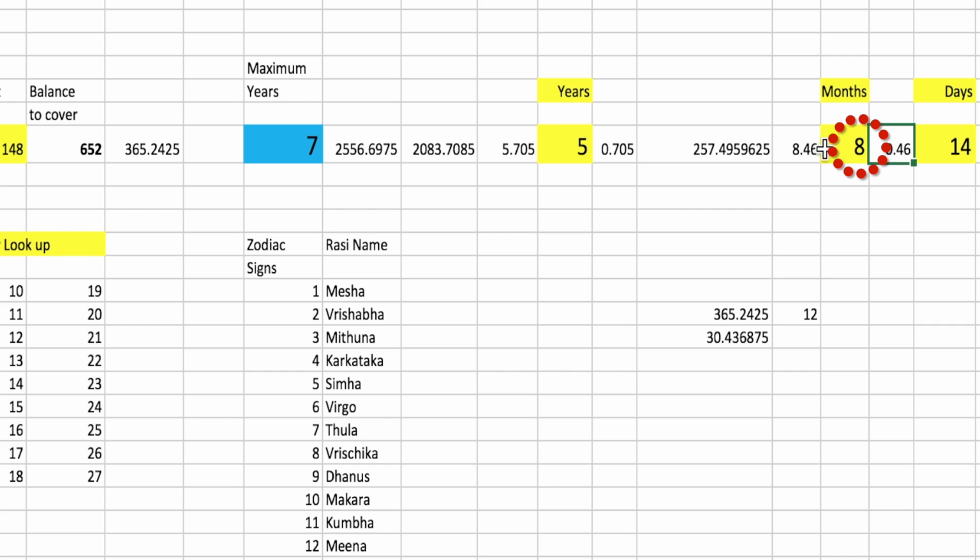You subtract 8 from this number to get 0.46, which is the balance left of the calculation. And then if you multiply it back by 30.43, because in a month there are 30.43 days, you get 14 days. So the actual answer is the balance of Mars dasha at birth is 5 years, 8 months and 14 days.